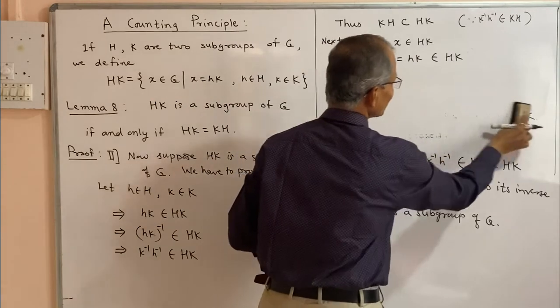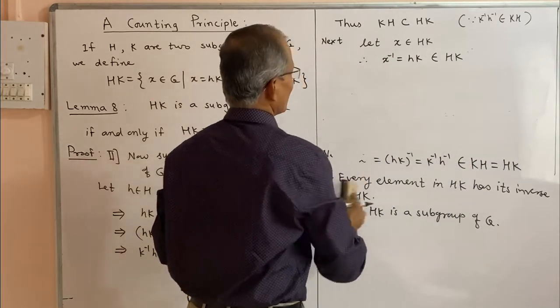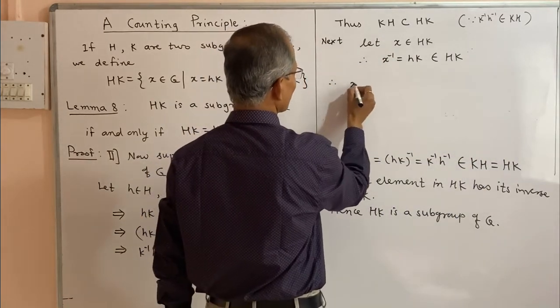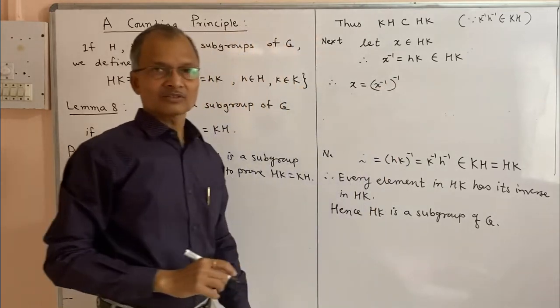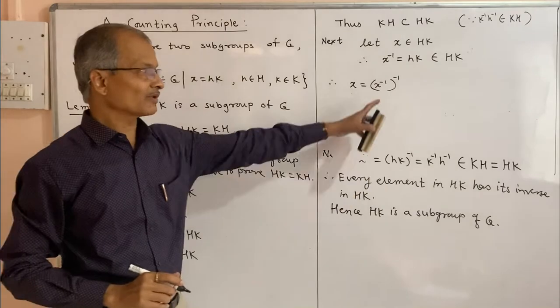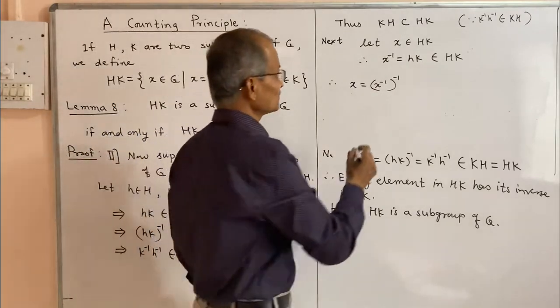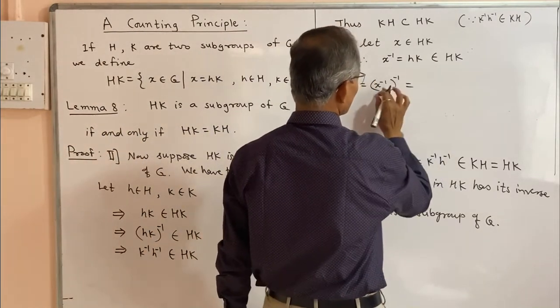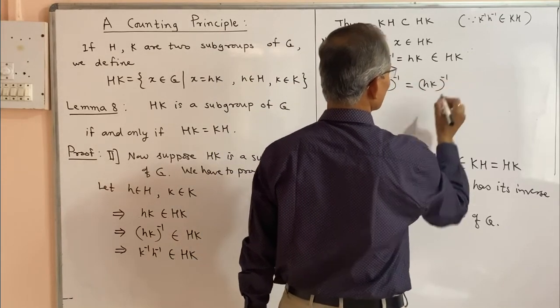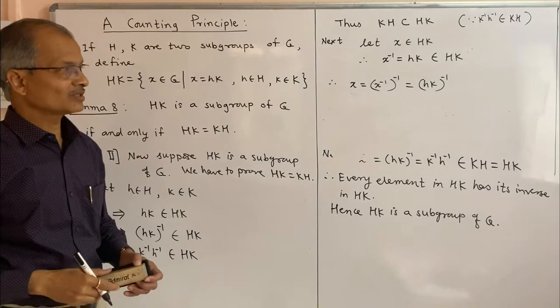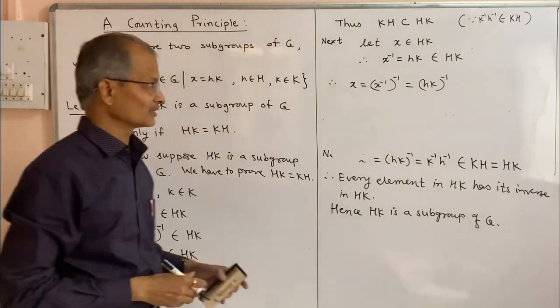And now we shall consider X. Therefore X is equal to the double inverse of X, the inverse of X inverse. This property also we have proved. What is X inverse? It is hk, and its inverse is k inverse h inverse.